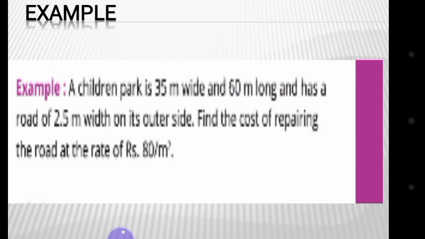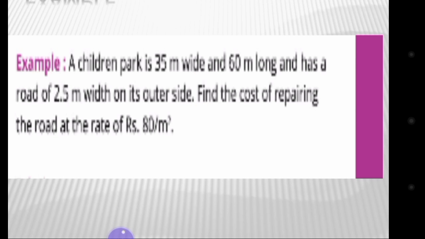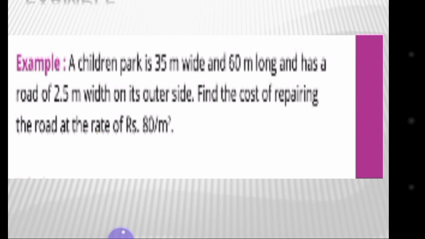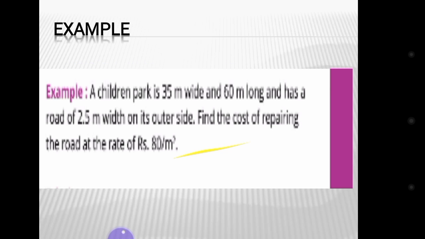Here there is a children's park whose width is 35 meters and length is 60 meters, and the width of the road around the park is 2.5 meters. We find out the cost of repairing the road at the rate of rupees 80 per square meter.